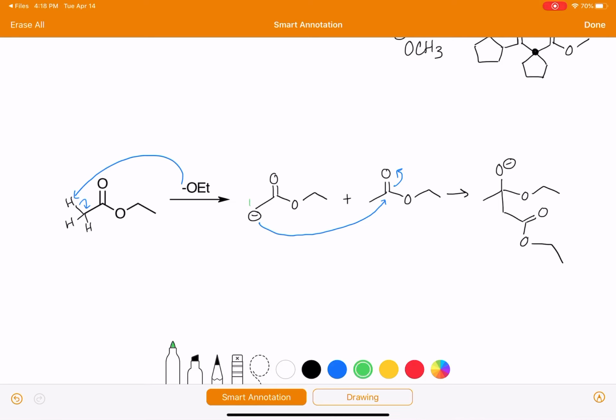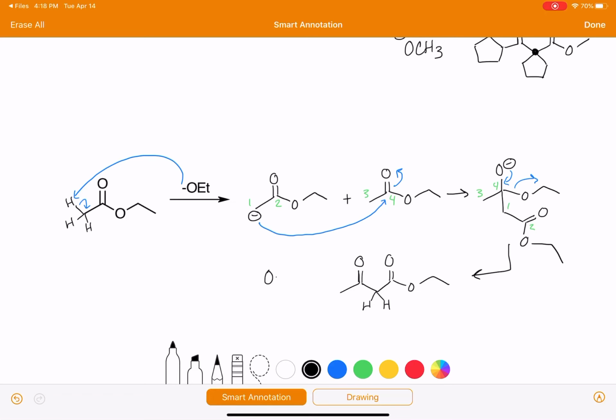Let me put some numbers on those carbons so you can find all of them. 3, 4, 1, 2. And now we are going to close the carbon-oxygen double bond and get rid of that ethoxide leaving group. So that's going to give us this beautiful thing, which has alpha hydrogens on it.